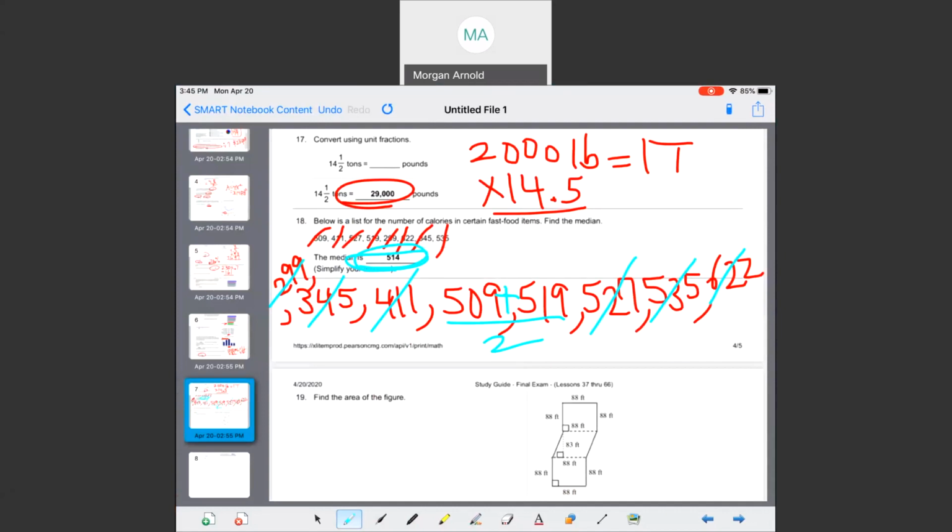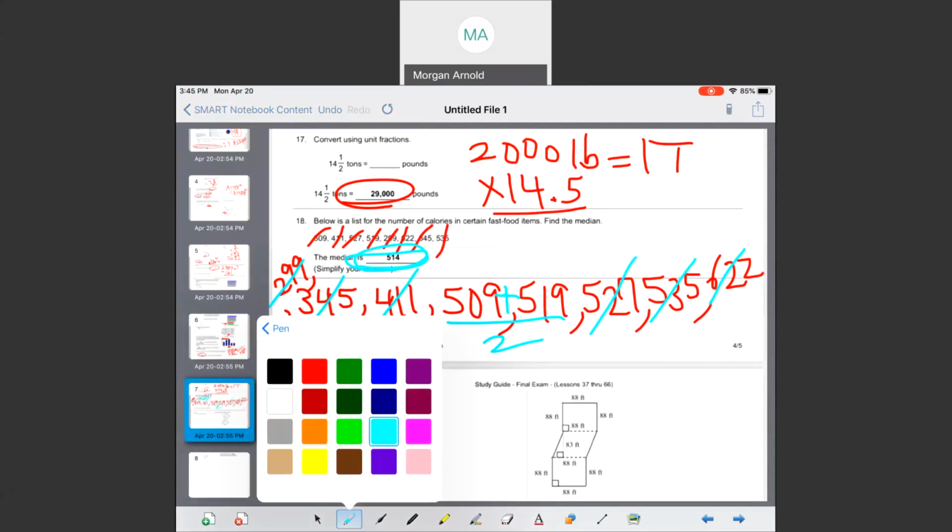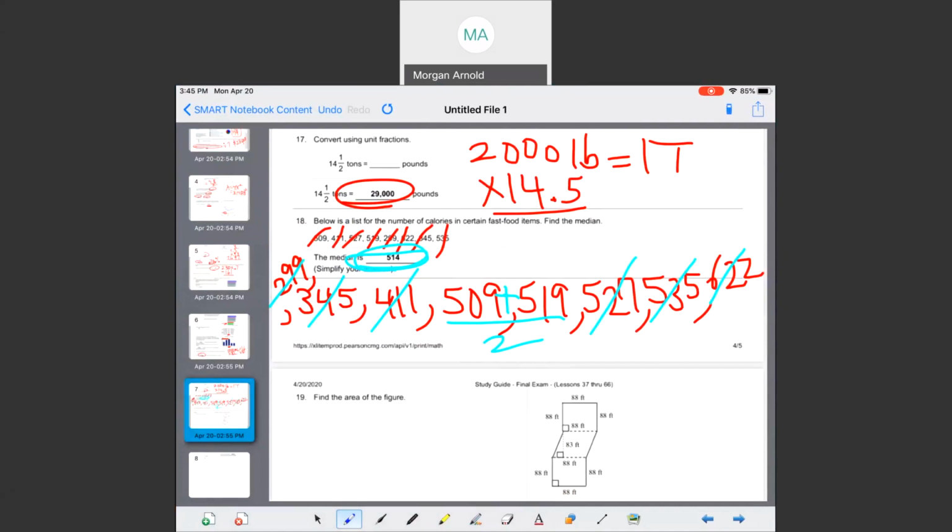Next question, we're given an irregularly shaped figure, or composite figure, and we need to find the total area of the figure. Well, it looks like our composite figure is made up of two squares and a parallelogram. To find the area for a square is just simply the given side times itself, or in this case, 88 squared.